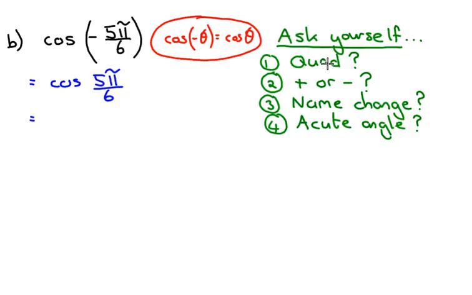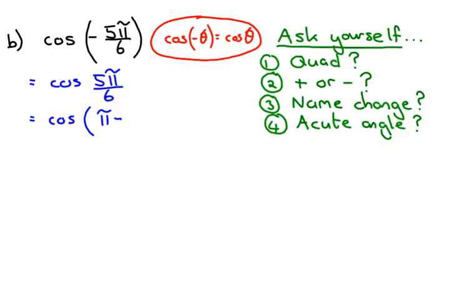So you're going to ask yourself questions. What quadrant does it lie in? It lies in the second quadrant, which is the pi minus quadrant. Is it positive or negative in that quadrant? Well, we'll get there in a moment. Is there a name change? No, because I'm dealing with pi minus. What is my acute angle? Well, let's see. Pi minus what is going to give me 5 pi over 6?